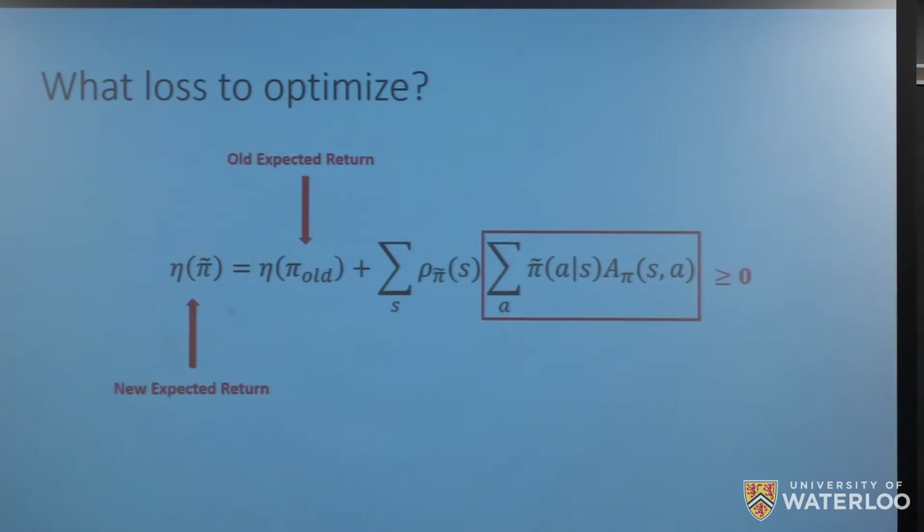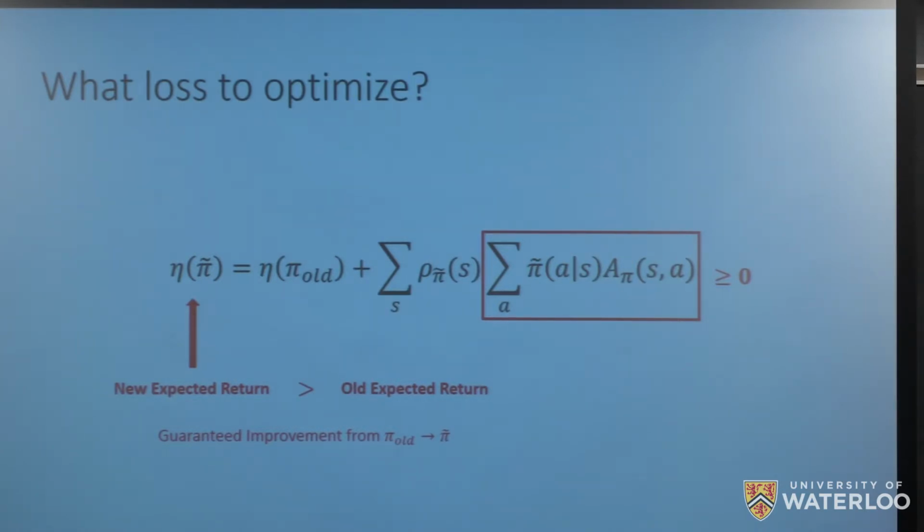So what we get here is that we have the new expected return. It's based on the old expected return. And if we can somehow say that the advantage for all these states is greater than 0, then our new expected return is guaranteed to be an improvement over the old policy. And this has not been done.